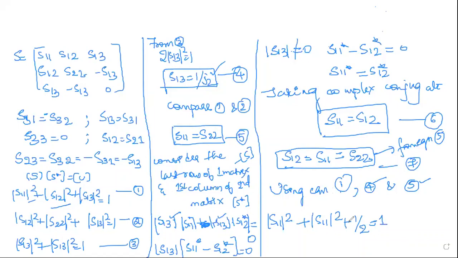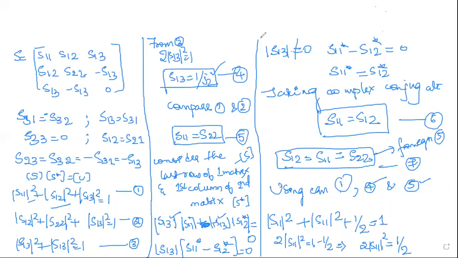S13, we know the value from equation 4, it is 1 by root 2. So you can write it as 1 by 2, which is equal to 1. So if I simplify this, you will have 2 times S11 square, which is equal to 1 minus 1 by 2, which will be again 1 by 2.